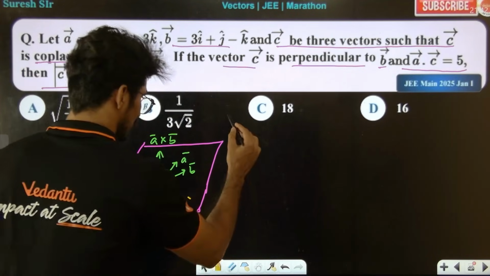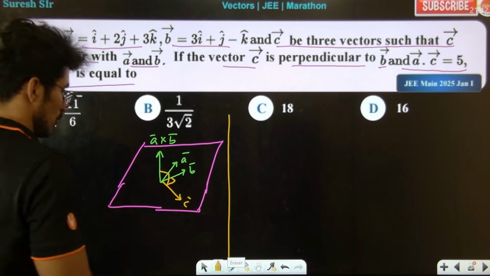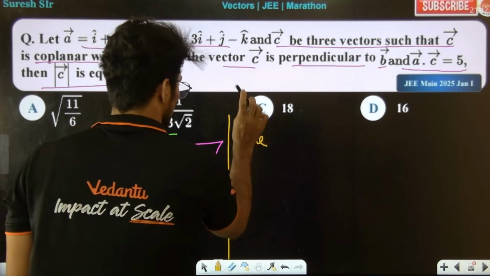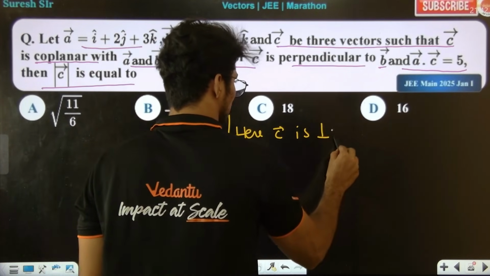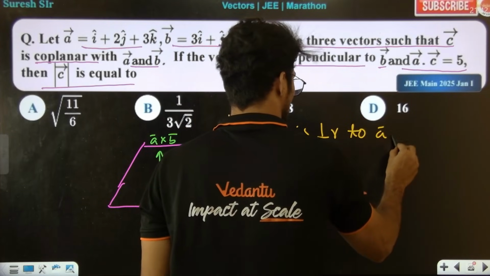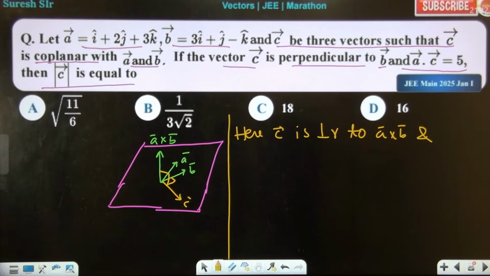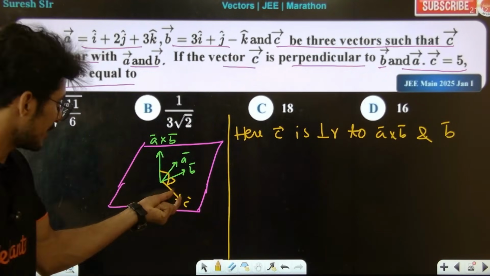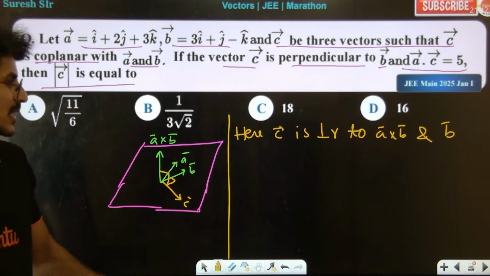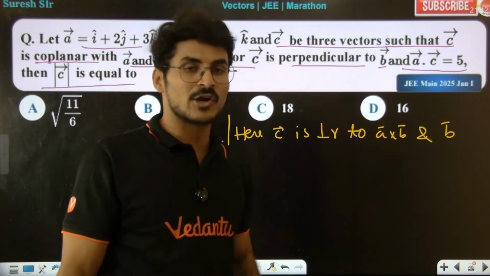Let me write here: C is perpendicular to A cross B and what? B. C is perpendicular to A cross B and also the B vector. Check. C is perpendicular to the B vector, and C is also perpendicular to A cross B.